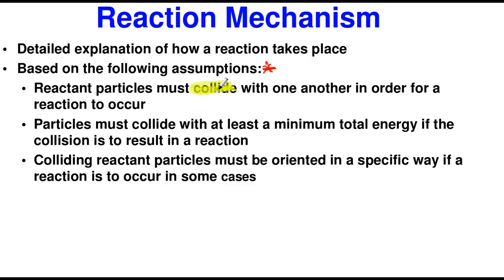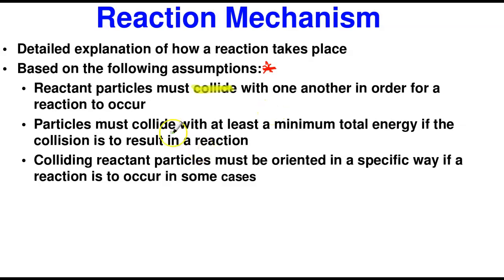Like I said, most times the collision between the reactant particles is not a friendly collision. You want to form product, and as a result, there has to be this vigorous collision for this to take place. If they don't collide, if they just sit on one another and look at each other without getting into a fight, no reaction takes place.